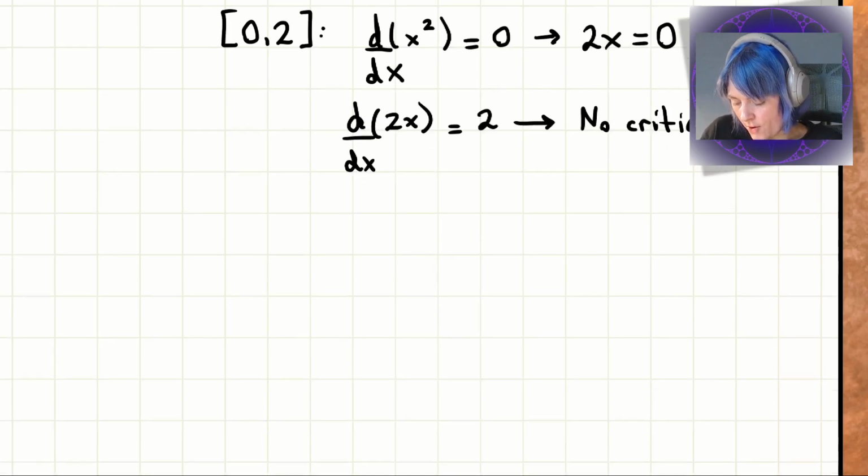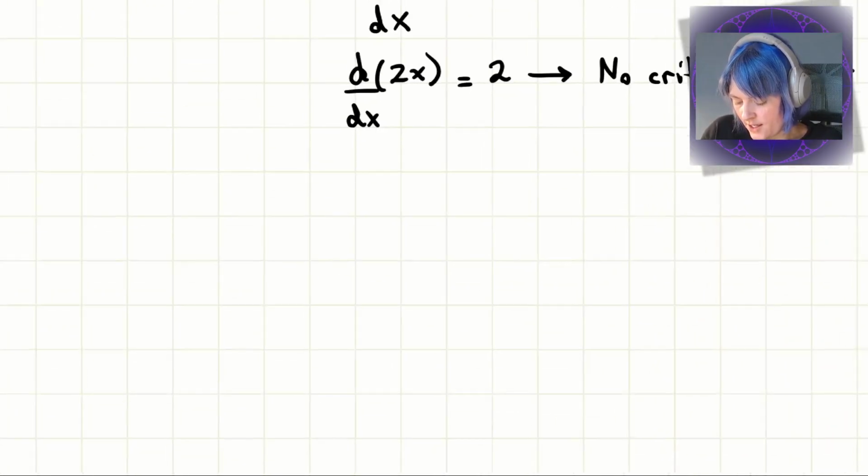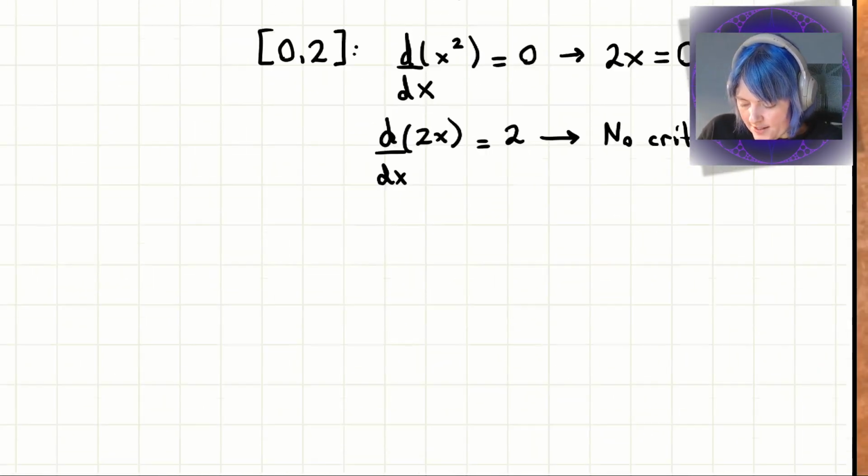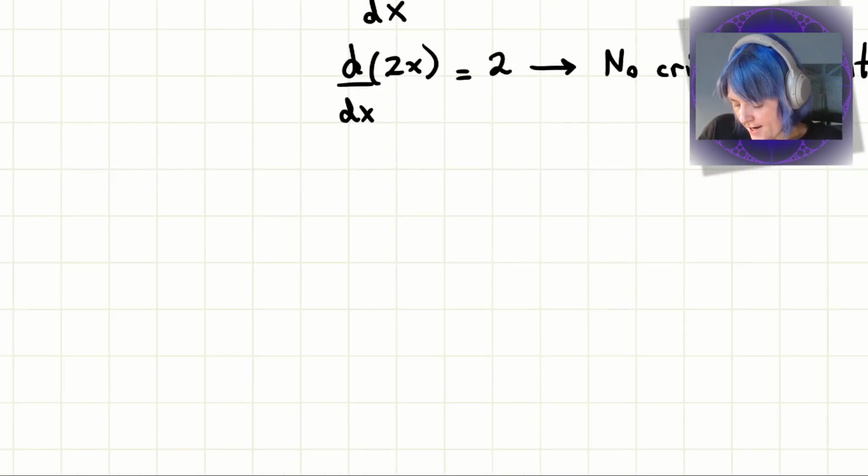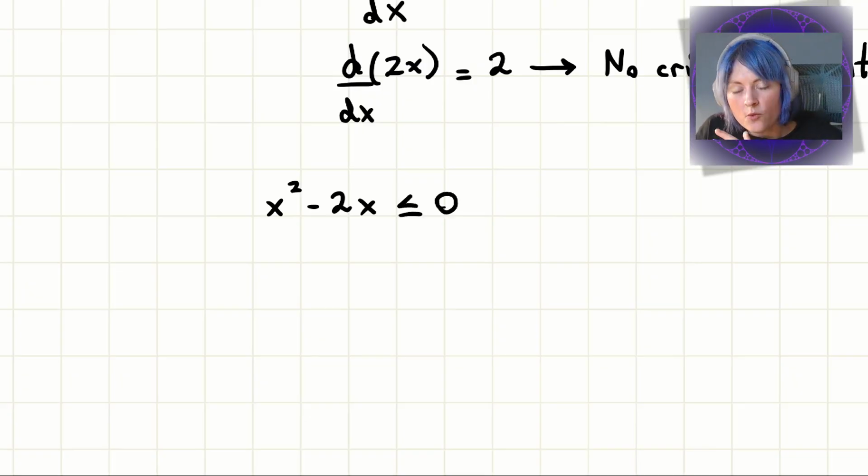So then what we're going to say is that we know that when x squared minus 2x is less than or equal to 0, we know that for those values of x, x squared is the minimum.